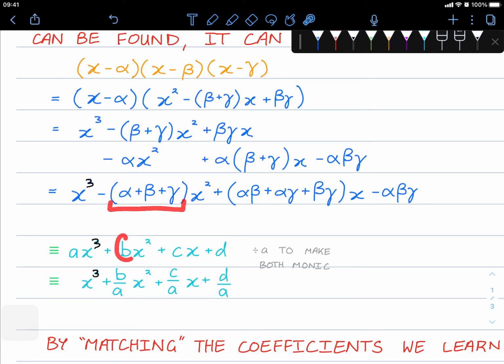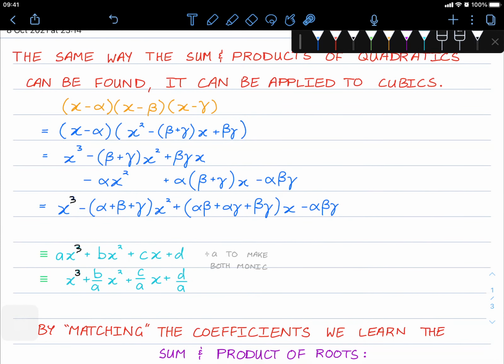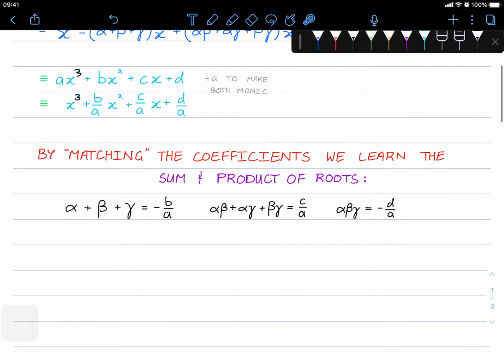Alpha plus beta plus gamma is equivalent to this, alpha beta plus alpha gamma plus beta gamma is equivalent to this, and negative alpha beta gamma is equal to d on a. In summary, just like what we did with the quadratic, we get these 3 rules.